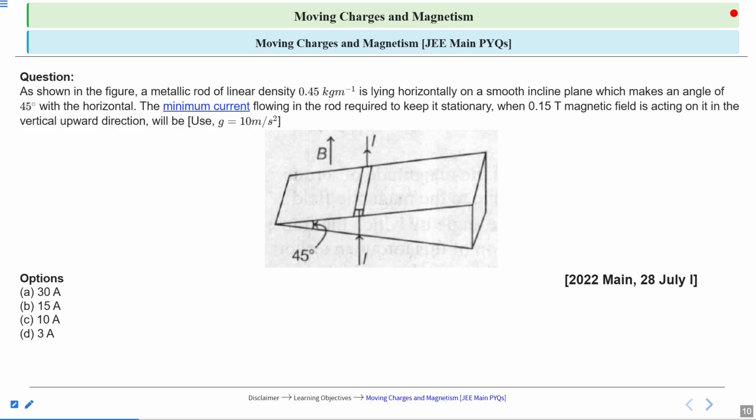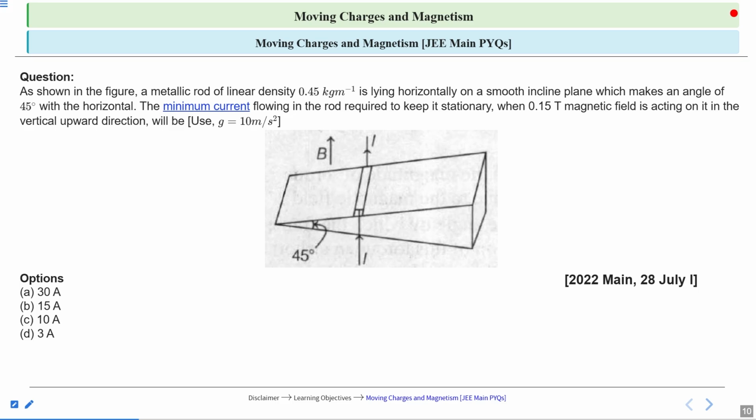This rod is lying horizontally on a smooth inclined plane, which makes an angle of 45 degrees with the horizontal. The minimum current flowing in the rod required to keep it stationary, when a 0.15 Tesla magnetic field acts on it in the vertically upward direction, will be?